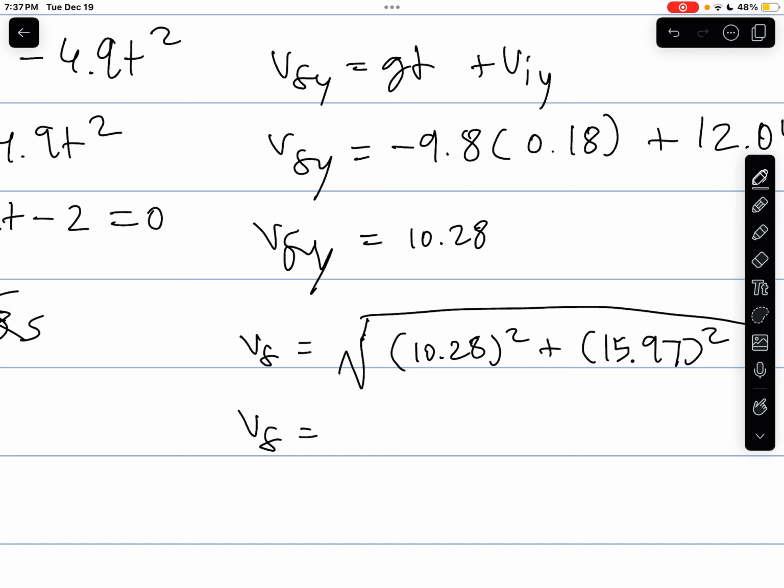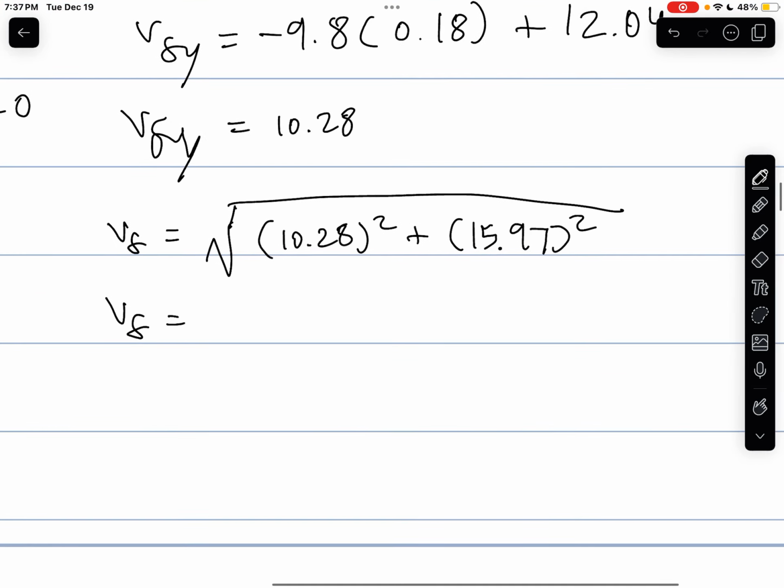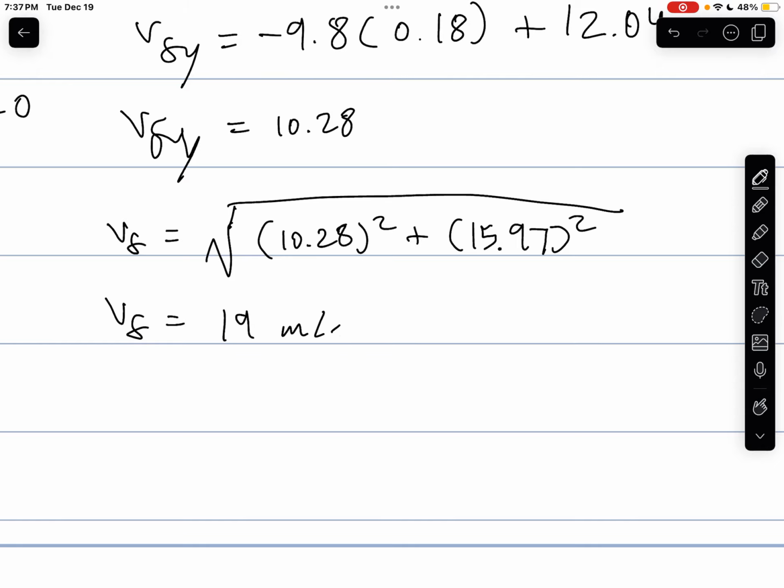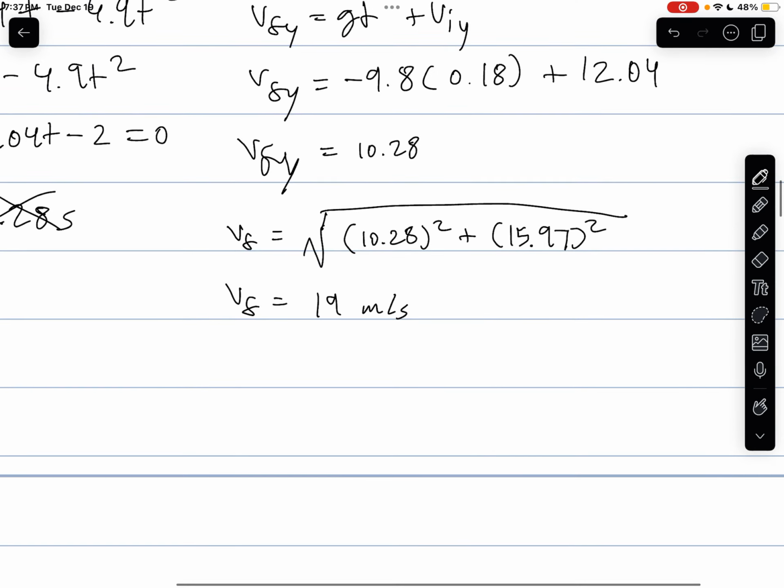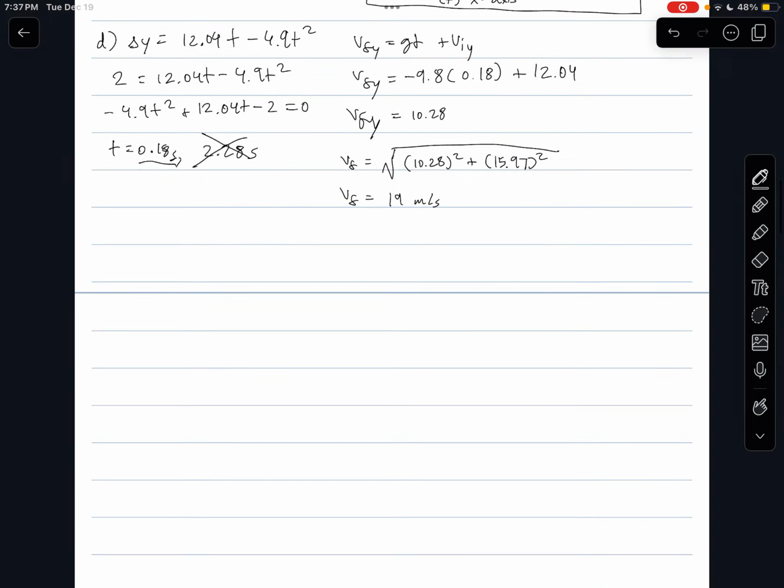Wrong one. Yeah, when it has risen a distance of 2 meters, not travels down 2 meters. Yeah, my bad. But when it has risen 2 meters, which takes 0.18 seconds, the VF is going to be 19 meters per second. So the instantaneous speed after the ball has risen a distance of 2 meters is going to be 19 meters per second.